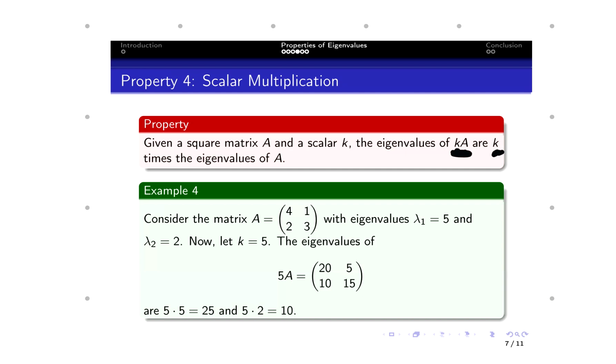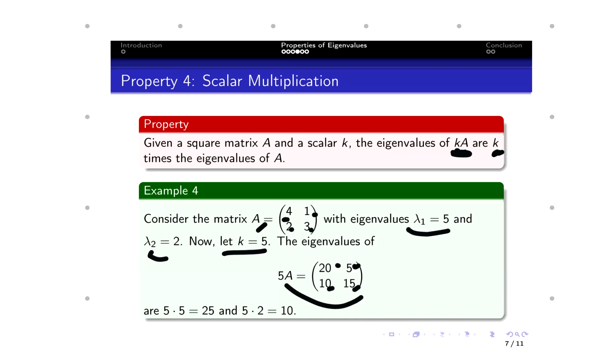For instance, consider the matrix A, which is 4, 1, 2, 3, the same one, with eigenvalues lambda 1 is 5 and lambda 2 is 2. Now let K be 5. If you take a scalar value 5, then KA, which is 5A now, will be 5 times 4, 20, 5 times 1, 5, 5 times 2, 10, 5 times 3, 15. So we have that matrix 5A.